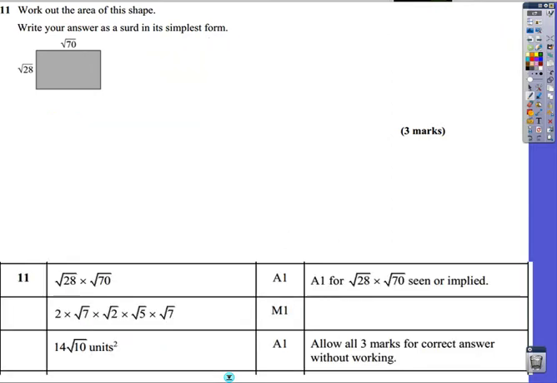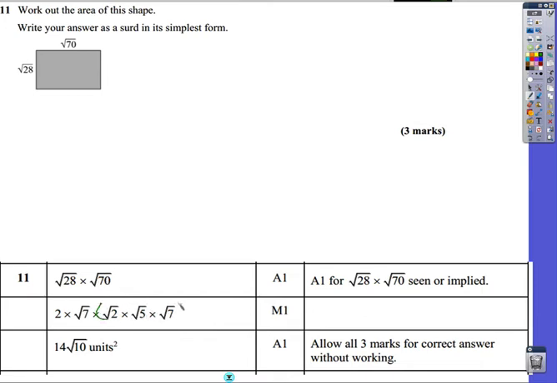Look at the mark scheme. Yep, so the one accuracy mark for multiplying the length and width. 1 method mark for simplifying the surds. Now they've simplified it in this case. 2 root 7 is root 28, and what they've done was 2 times root 5 times root 7 is 70, so 2 times 5 is 10 times 7 is 70.